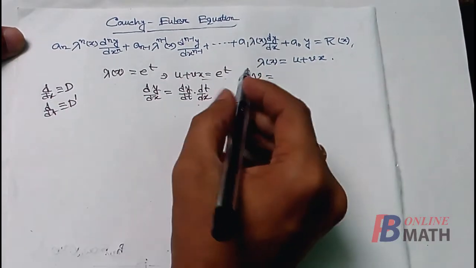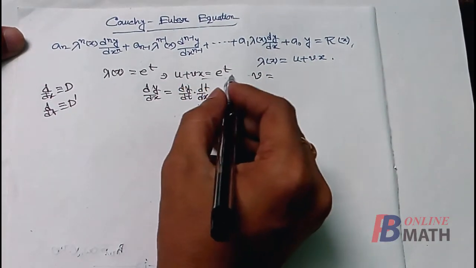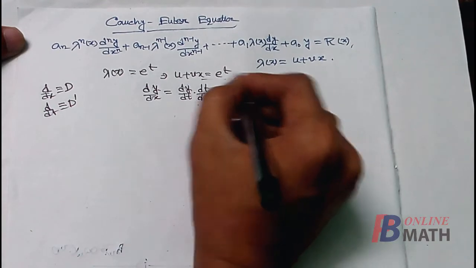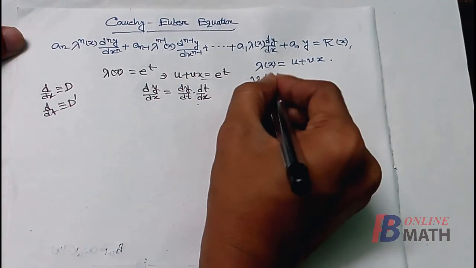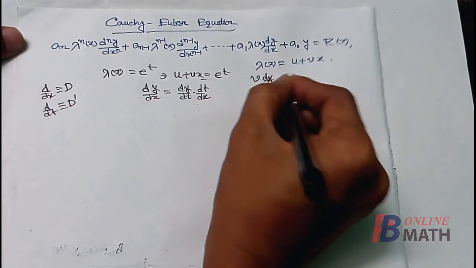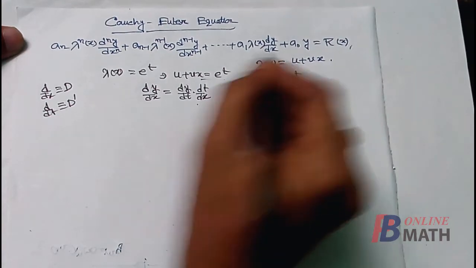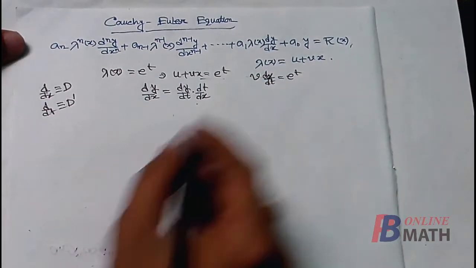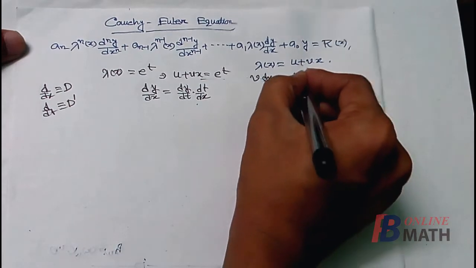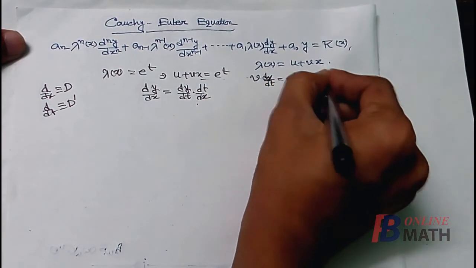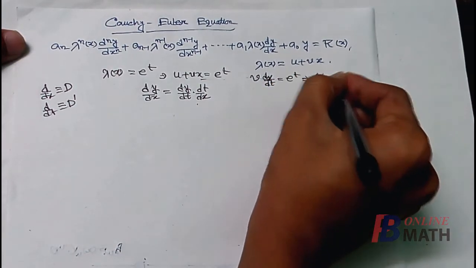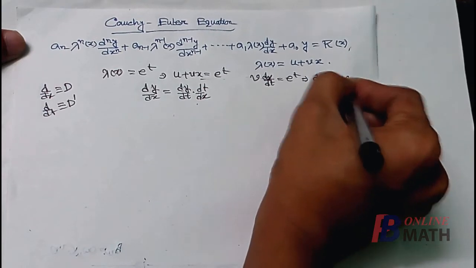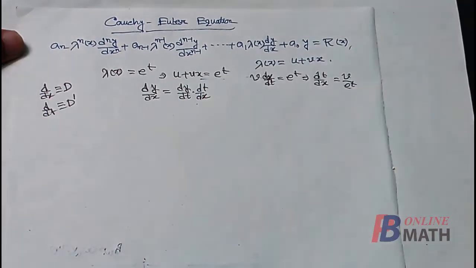Now if we differentiate this equation with respect to t, then we find that v into dx/dt is equal to e^t. So from here we find that dt/dx is equal to v by e^t.